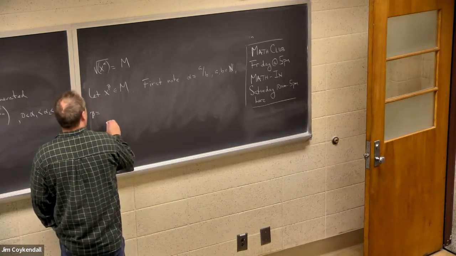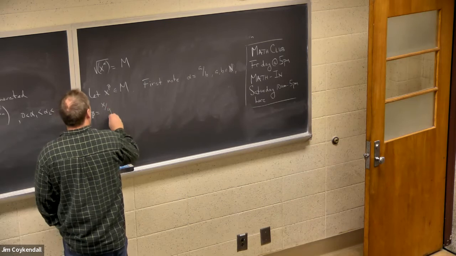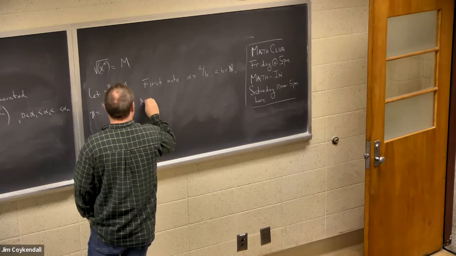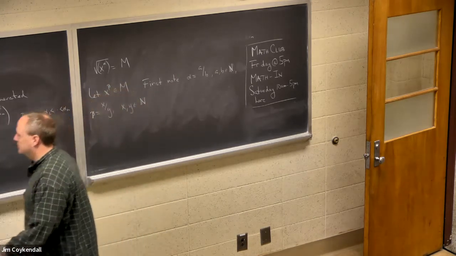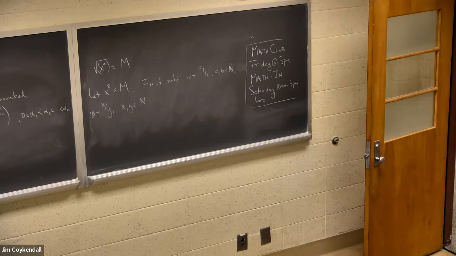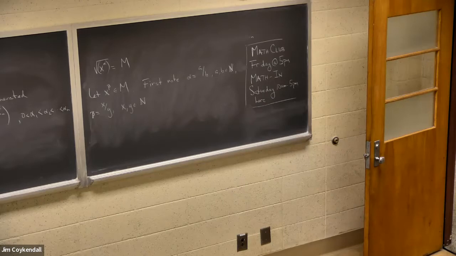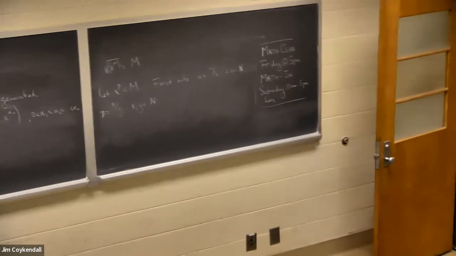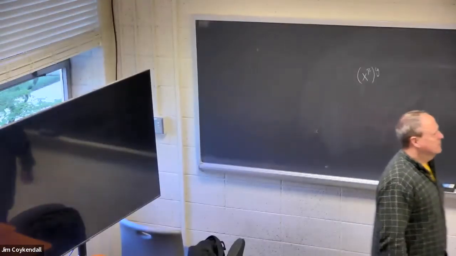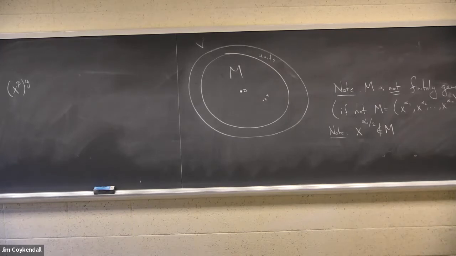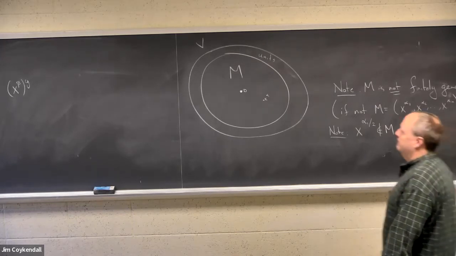Beta is x over y, with x and y in the natural numbers as well. Notice that x to the beta, the y, let's see, I need to find the beta.